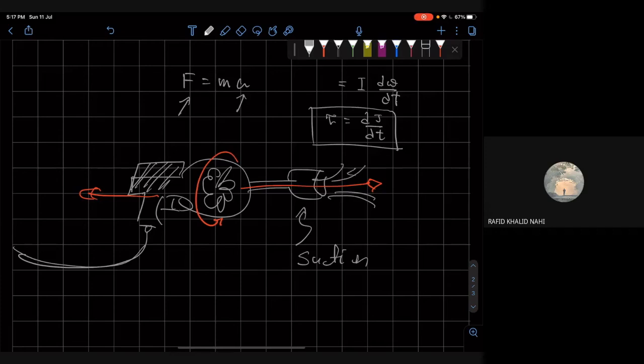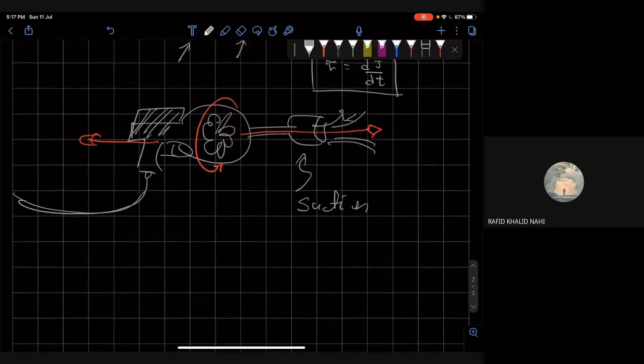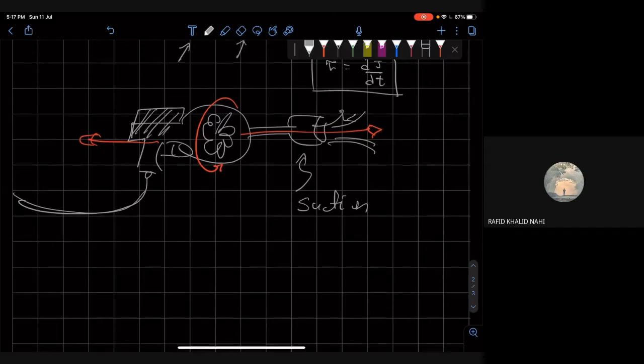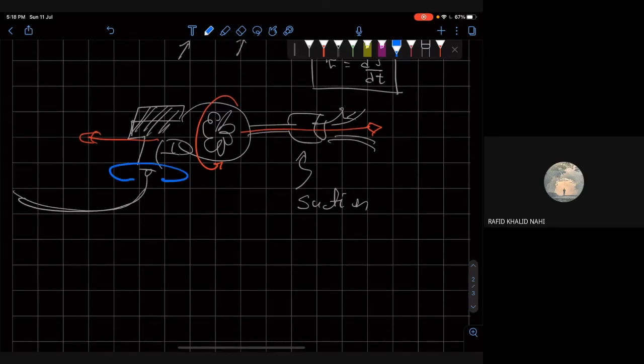But if you now want to rotate this thing in that direction, then you have an angular momentum in that direction, and you want to rotate that angular momentum over there.